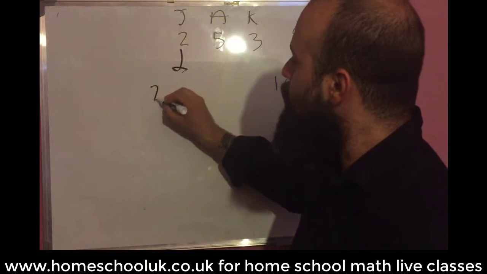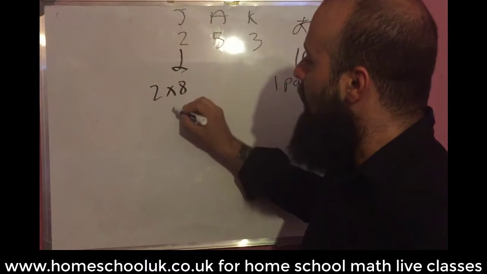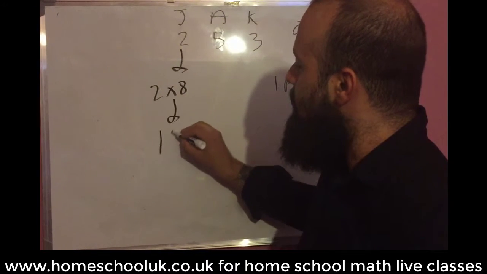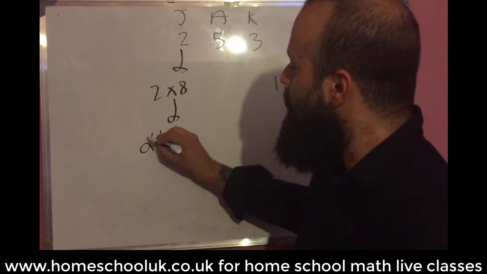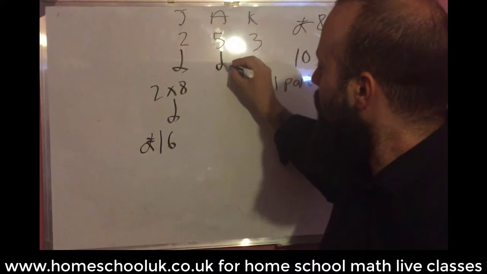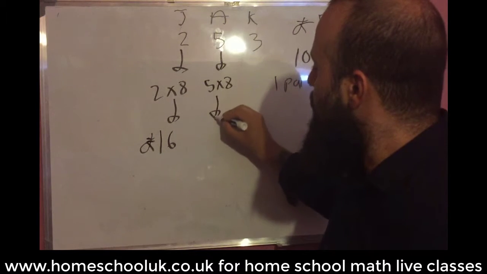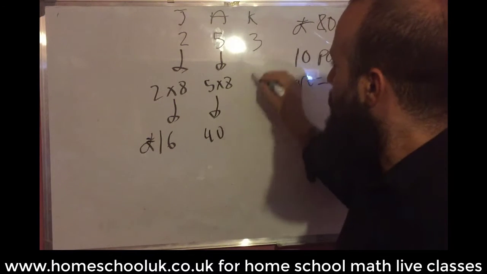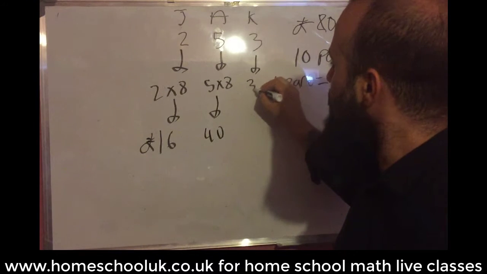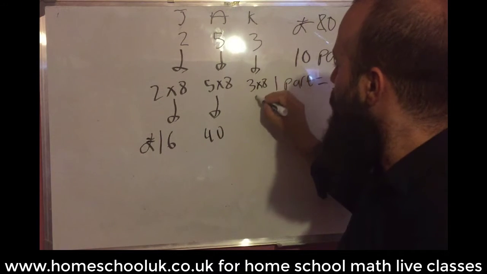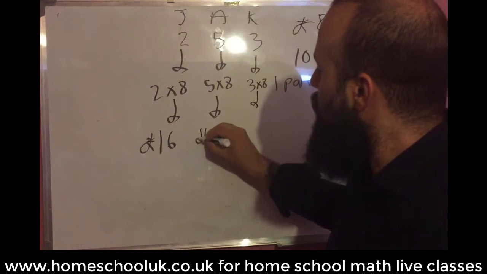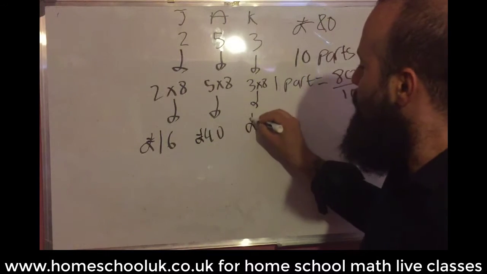Jake gets 2 times by the 8, which is £16. Anna gets 5 times by the 8, which is £40. And Carl gets 3 times by the 8, which is £24.